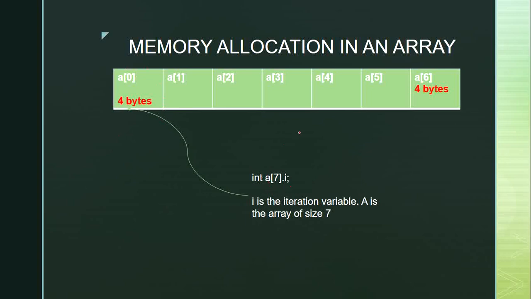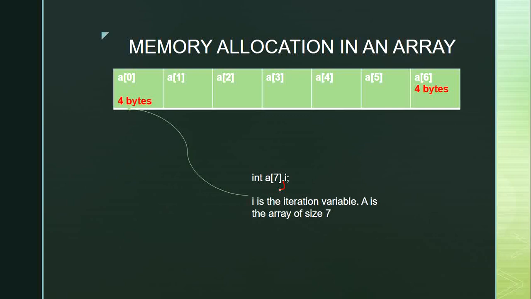And there should be an iteration variable called i, which is declared here, separated by a comma. The size of the array is 7, and the name of the array is a.